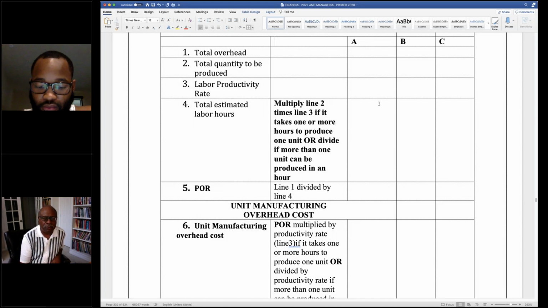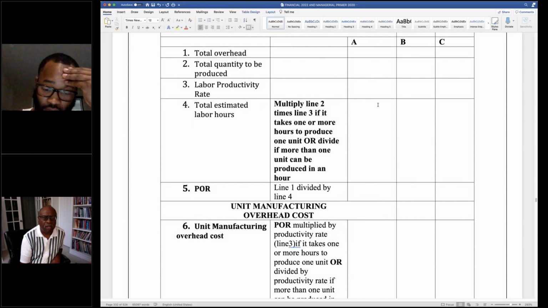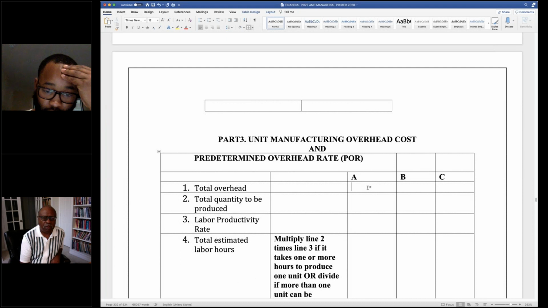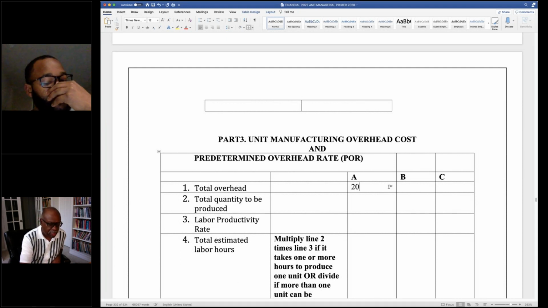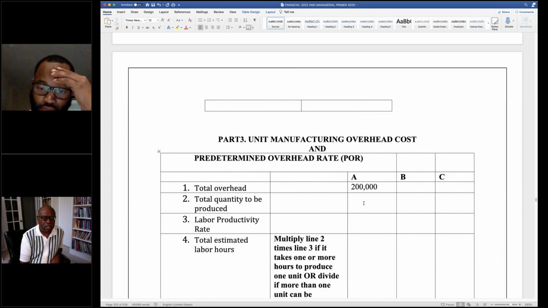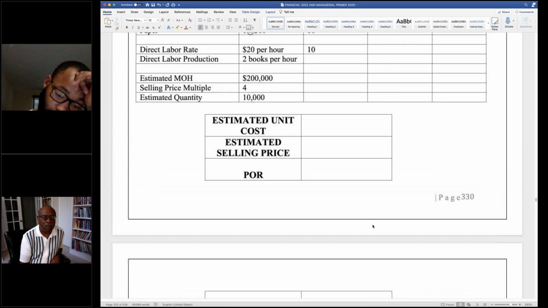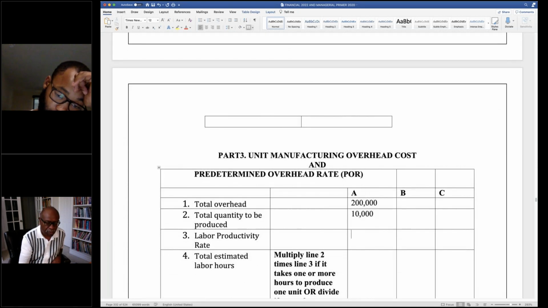Okay, so we fill this out. What's going on this first line? 200,000. All overhead, same thing. Quantity to be produced, 10,000. Labor productivity rate, 2.